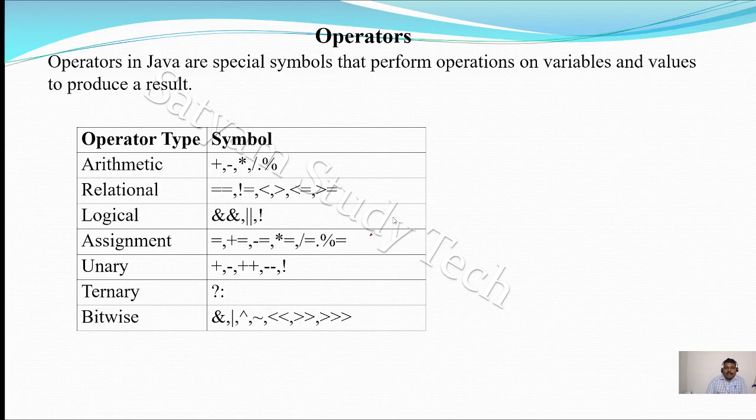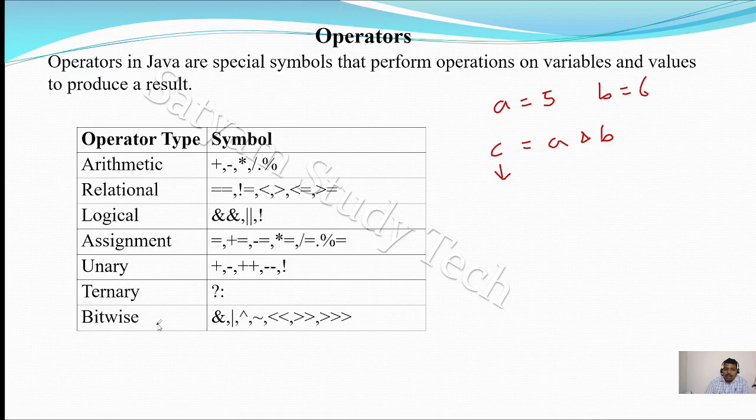Now what is the AND? For example, here I am taking A equal to 5, B equal to 6. Now you have to print A and B. What is the value of C? This is a binary operator, a bitwise operation performed on binary values. What is meant by binary value?